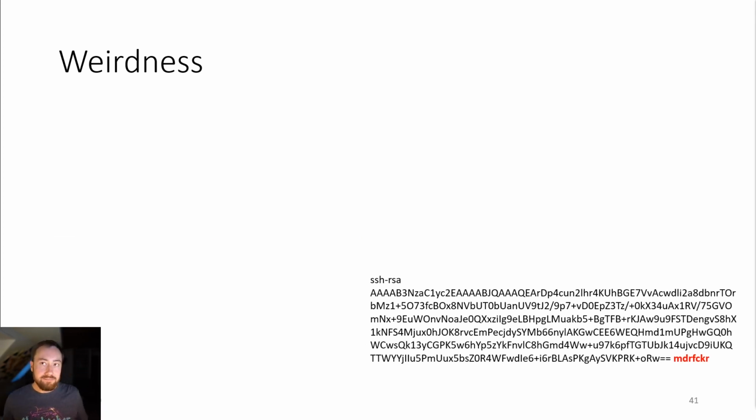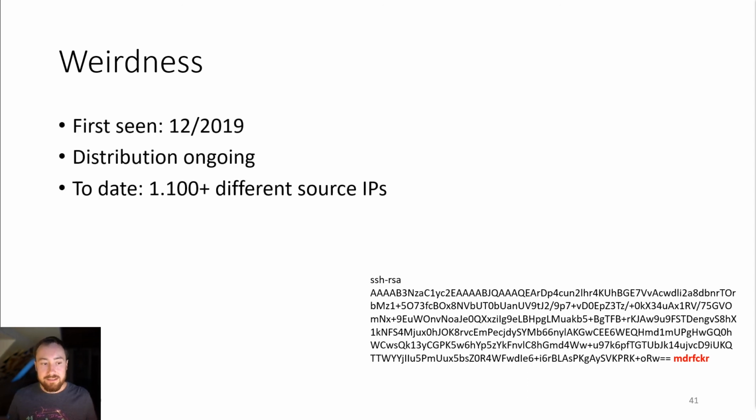And finally, having a look at things that get uploaded is definitely always worth a shot. For example, this is the public part of an SSH key, and if you find this in your infrastructure, you should maybe start thinking about whether you're getting breached, because this is an ongoing distribution of an SSH key.